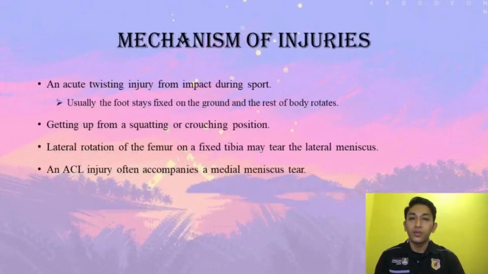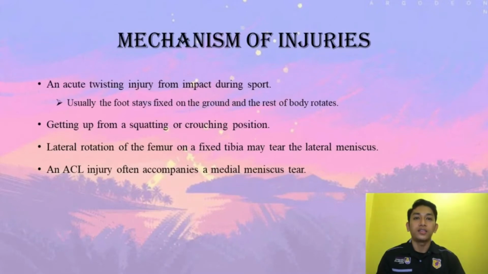Okay, now we move to the mechanism of injuries. First, the mechanism of injury is an acute twisting injury from impact during sports, and it usually happens when the foot stays fixed on the ground and the rest of the body rotates.